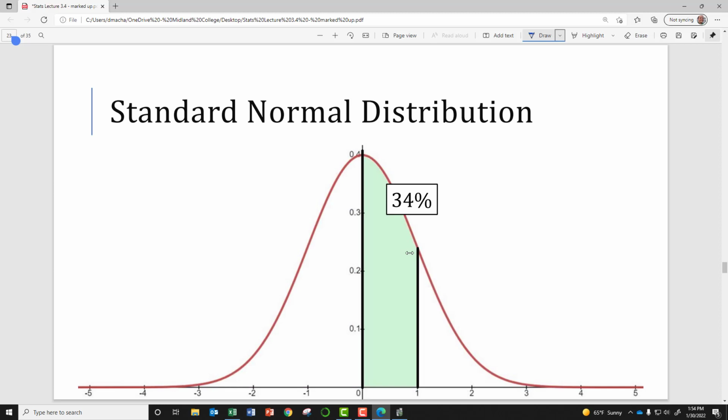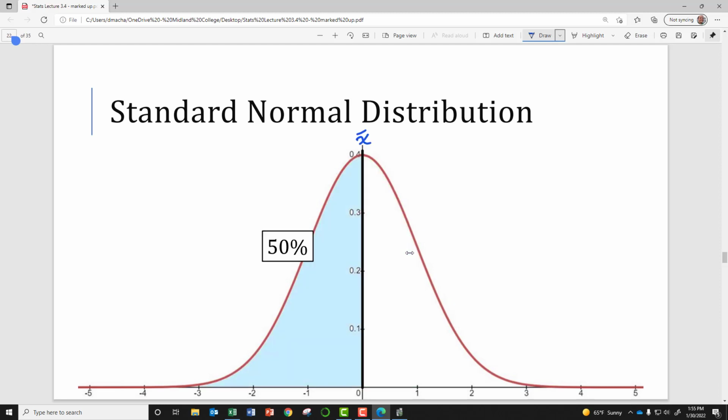And knowing that, the interval between the mean and the mean plus 1 standard deviation, all of the measurements that might fall in this region represent 34% of the population. And so if you add 50 plus 34, then you would find that 84% of the measurements are in this region, which is less than the mean plus 1 standard deviation.